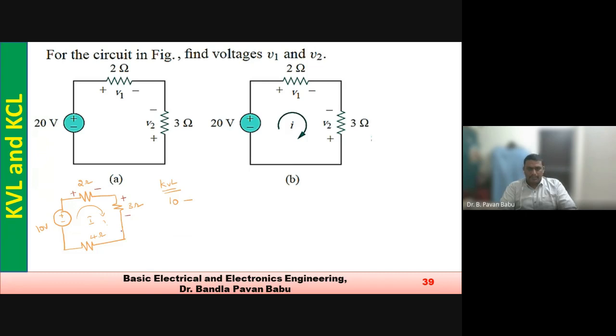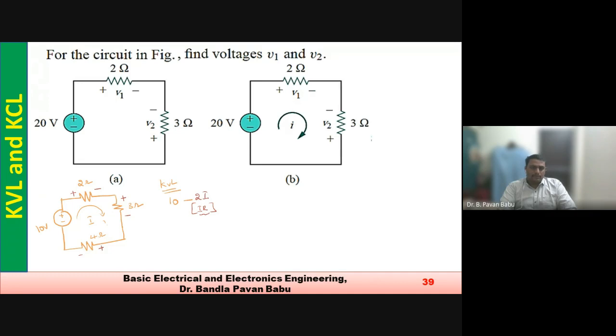This is as per my convenience; you can use it in reverse direction also, no issues. So this is 10, and there is a potential drop, so it will be minus 2 into I. I don't know about I, but how these equations appear, it is I into R. So it is the voltage across the 2 ohm resistor, that is IR.